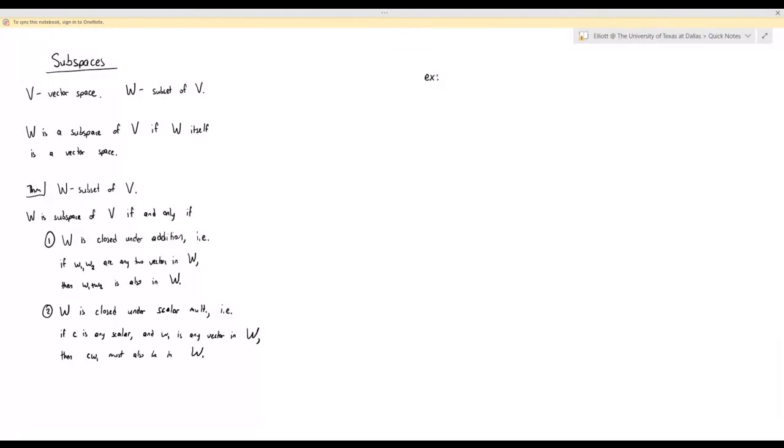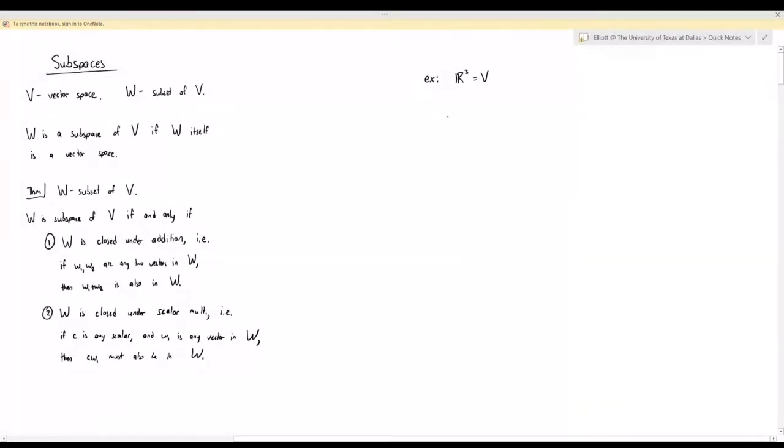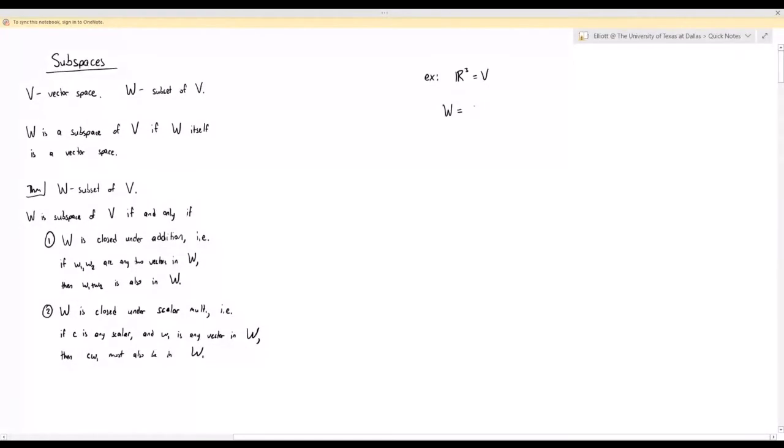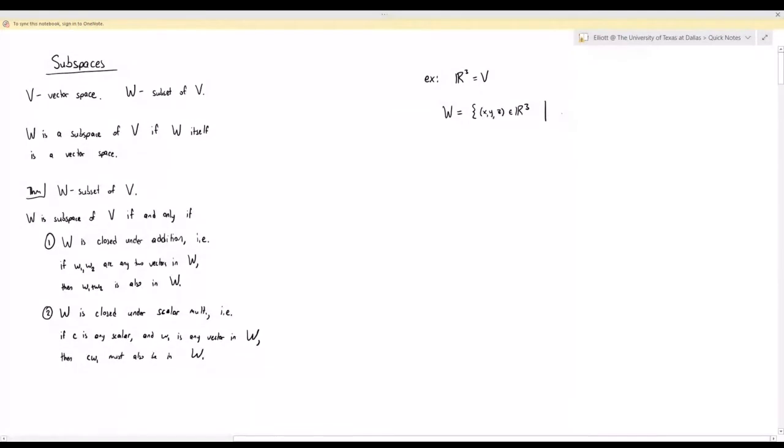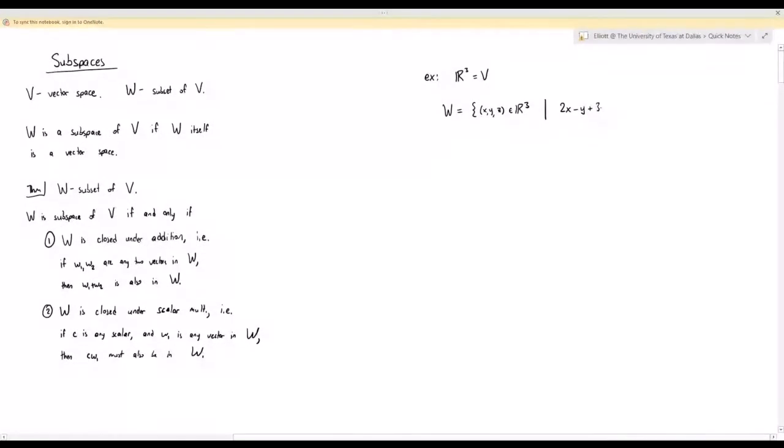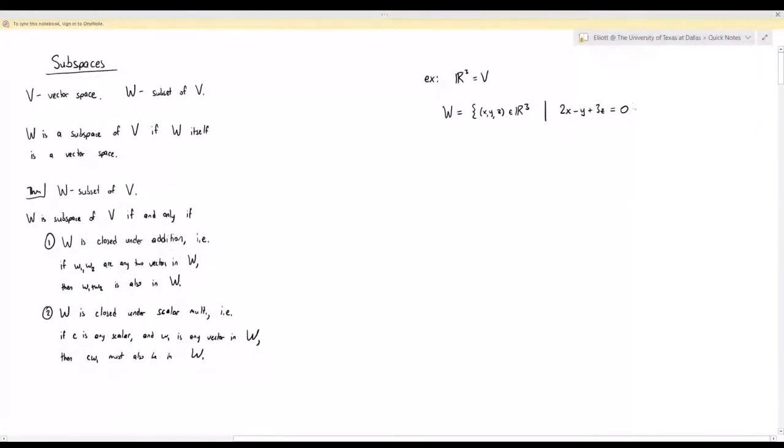So to start with, let's take R3. R3 is going to be our vector space V. And then I'm going to define a set W. W is going to be the set of all vectors x, y, z in R3 such that, let's make up some numbers, 2x minus y plus 3z is equal to 0.